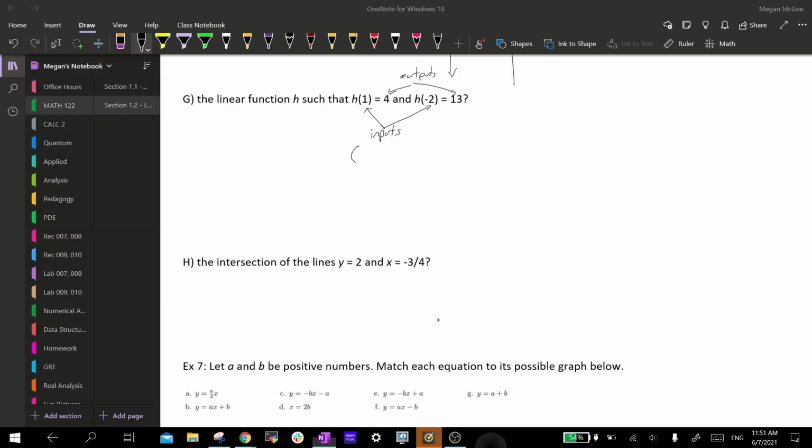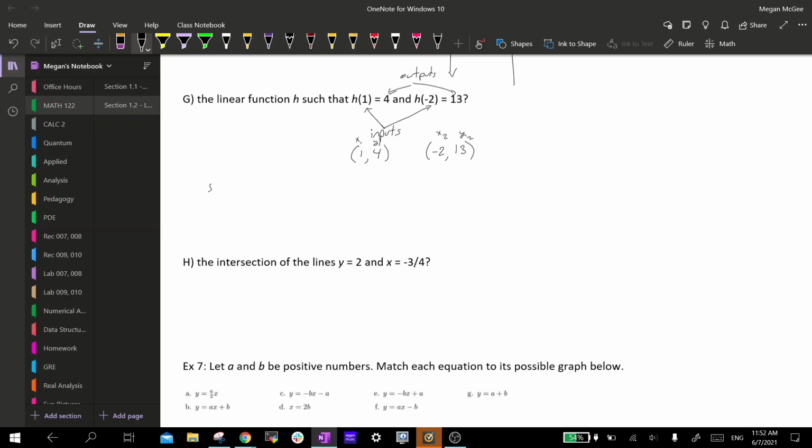Our input, 1, gives us 4, and our input, negative 2, gives us 13. And these are our x and y values. Let's see, this is x2, y2, and this is x1, y1. So now we have 2 points. We can use this to find the slope, and then we can use our point slope.